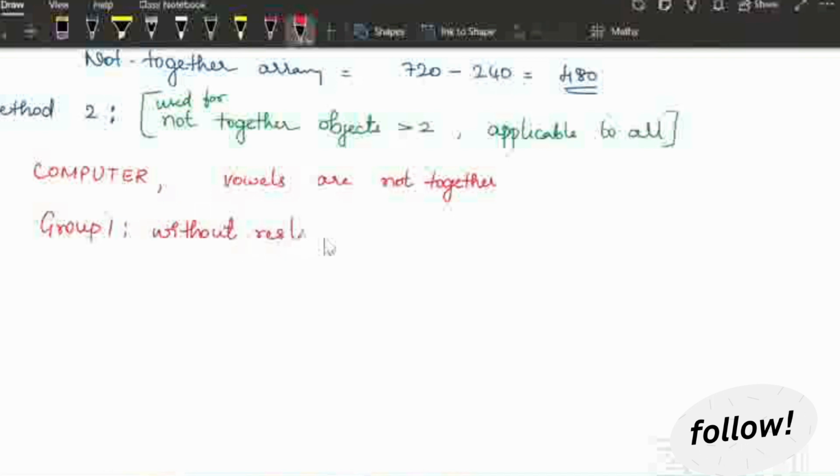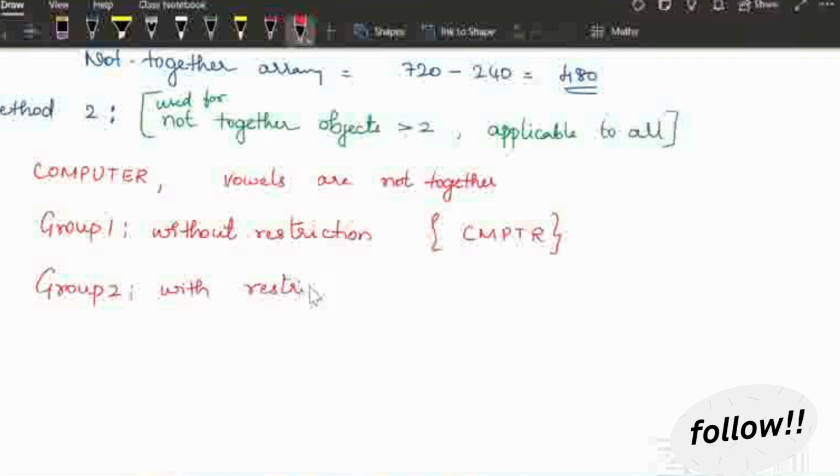These letters we will write as group 1, which are C, M, P, T, R. For these 5 letters, there are no restrictions. What is group 2? It is the number of letters with restriction. With restriction. So what is the restriction?